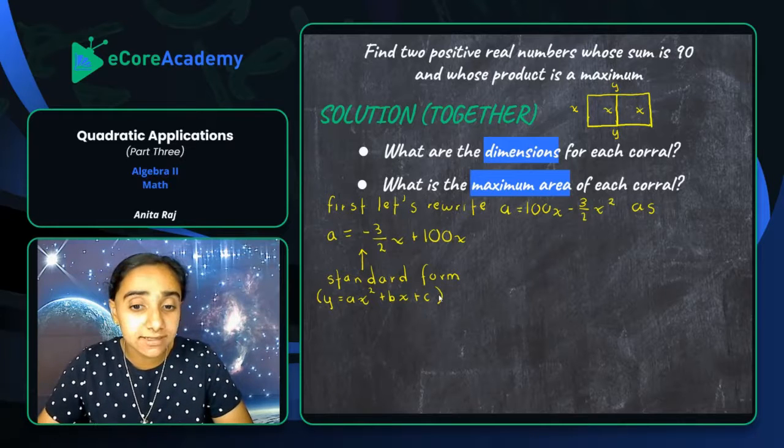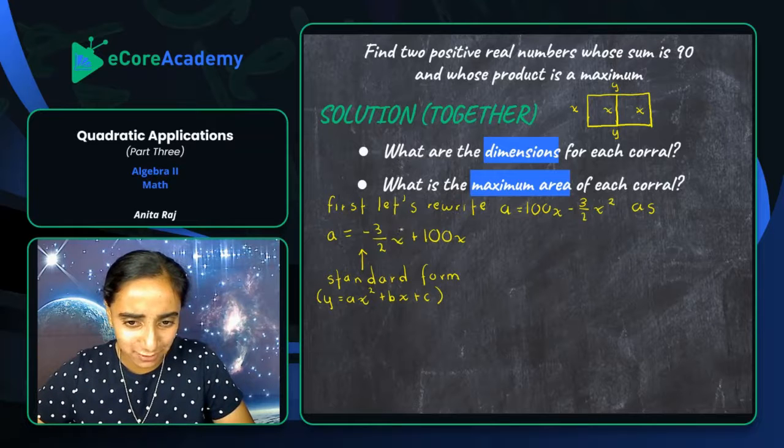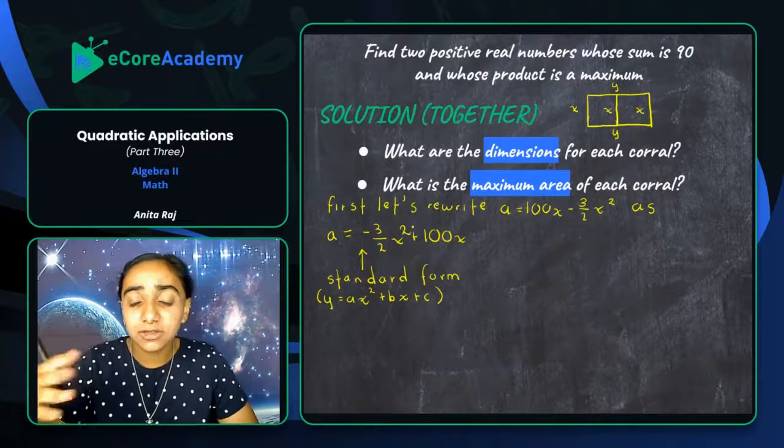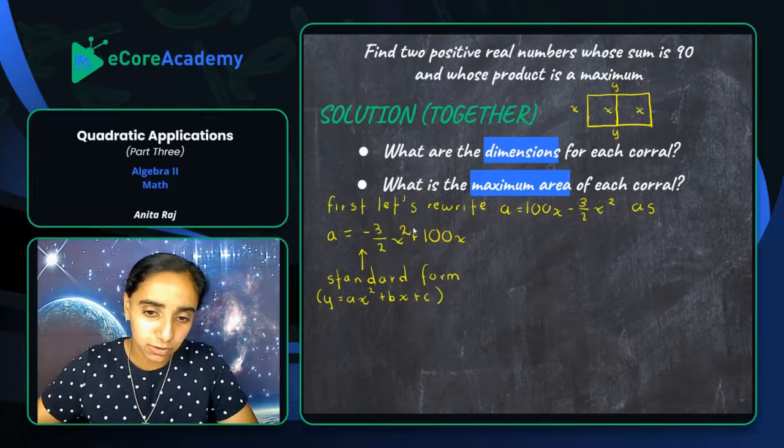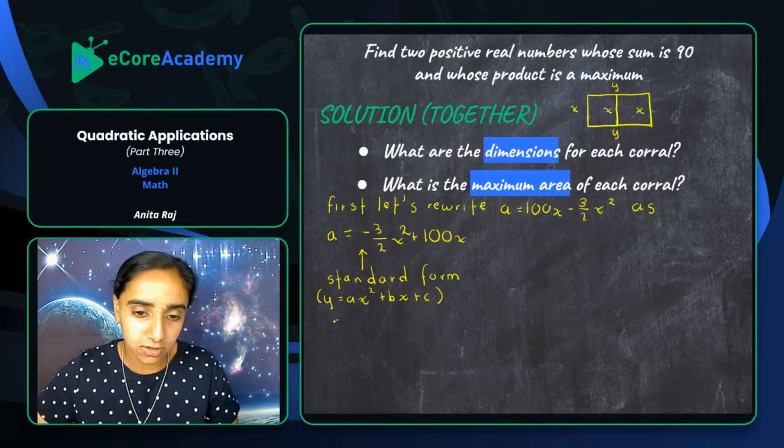We're just going to assume c is 0, but we do have a and b. Whoops, I forgot to write this squared right here. So what are a and b? Well, let's look in front of the x squared term: a is equal to negative 3 over 2. And b, in front of the x term, is equal to 100.